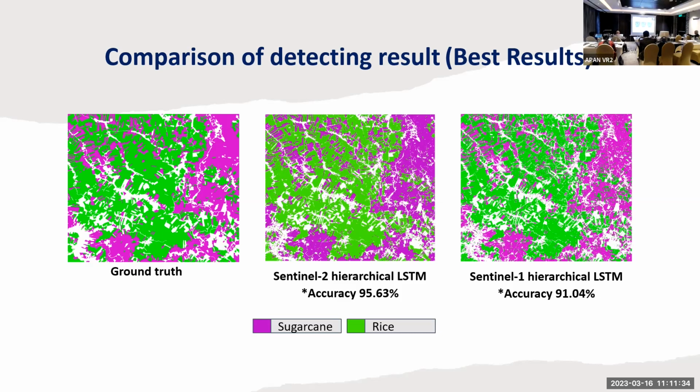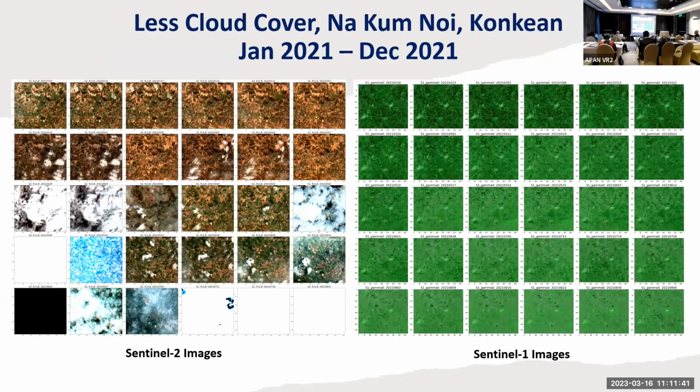Sentinel-2 is a little bit higher than Sentinel-1. Why? Because of the cloud cover problem I mentioned earlier, even in this area, one district in Khon Kaen, which has less cloud cover, you can see many white images, which are cloud-covered areas. That is on the left-hand side, the Sentinel-2 images.